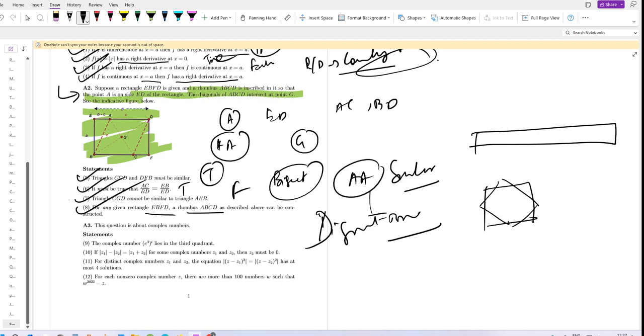This makes it impossible to construct such a rhombus, so this 8th statement is false.